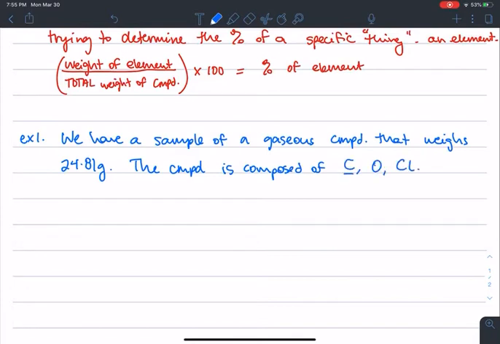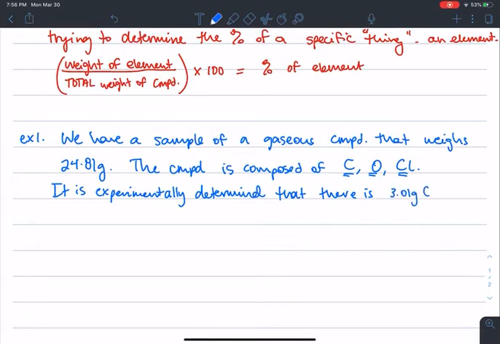Those are the three elements inside the compound. It is experimentally determined that there is 3.01 grams of carbon, 4.00 grams of oxygen, and 17.81 grams of chlorine. What is the percent composition?